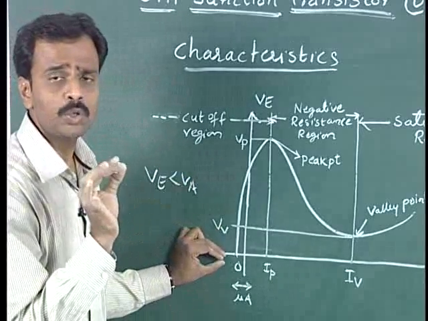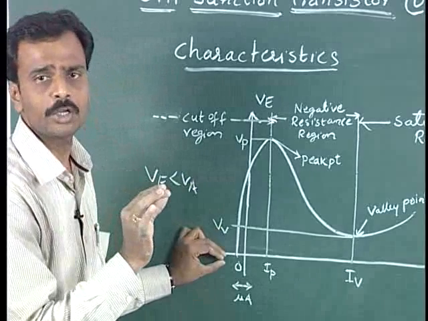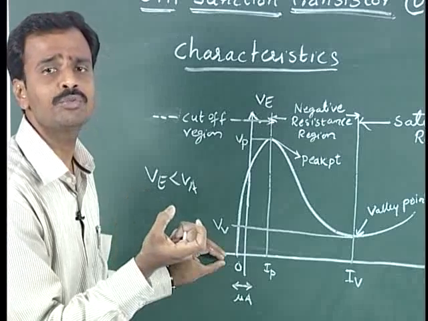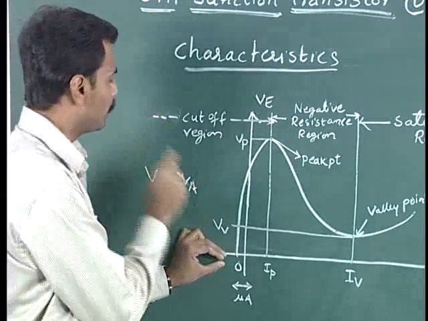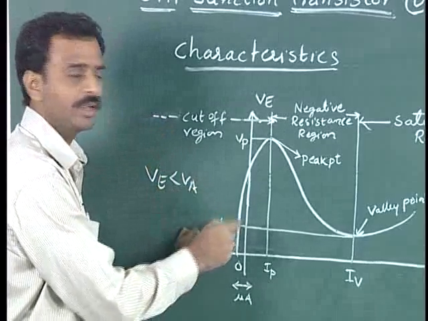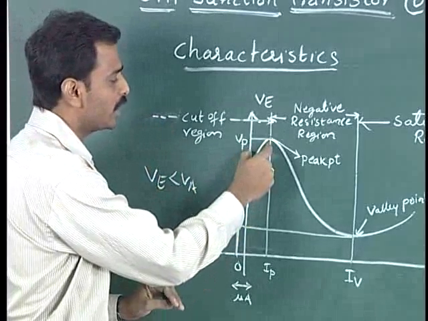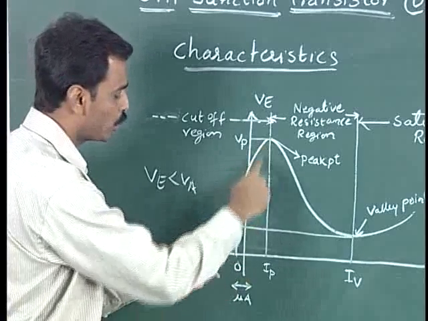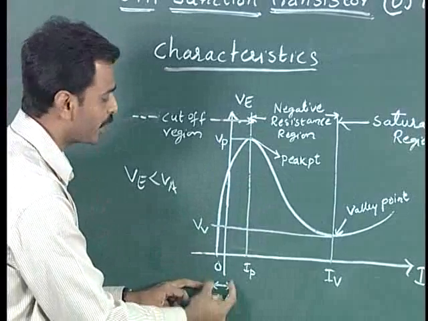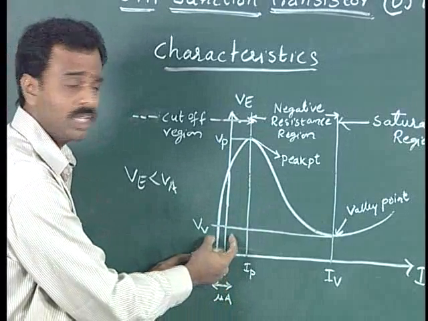Whatever current flows in the diode is only due to minority carriers, a small current within the device. That microamp current is represented over here, a small amount of current flowing in microamps during reverse bias of the diode.